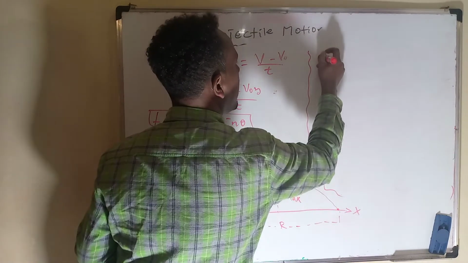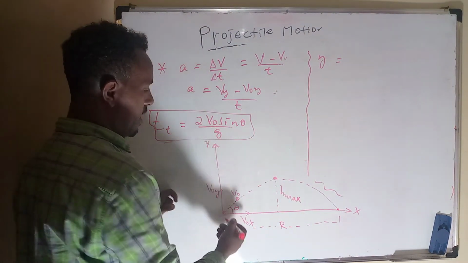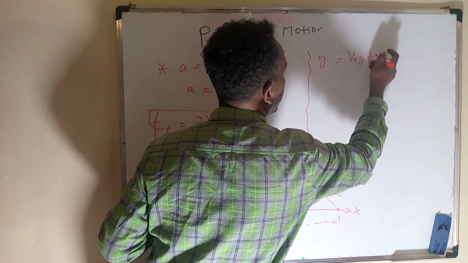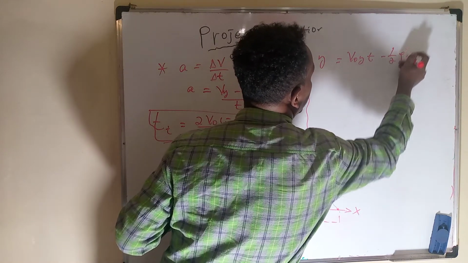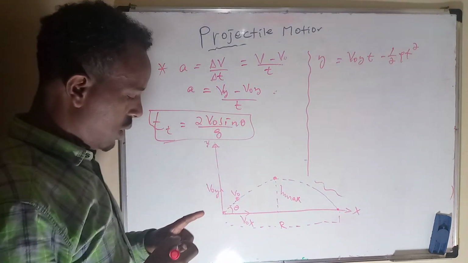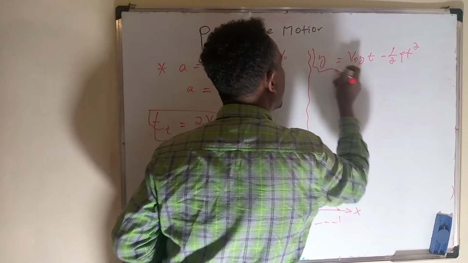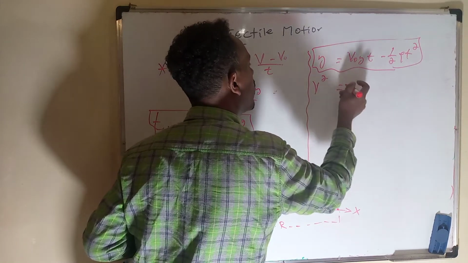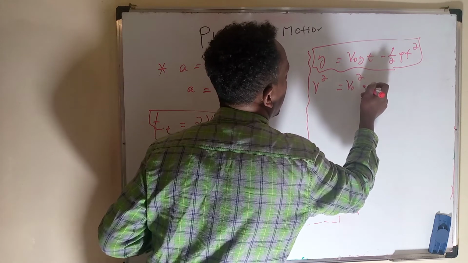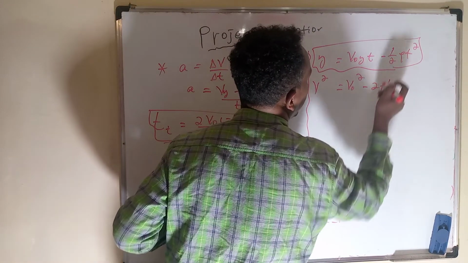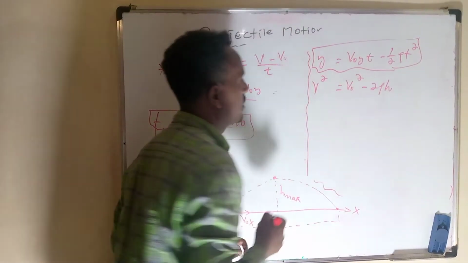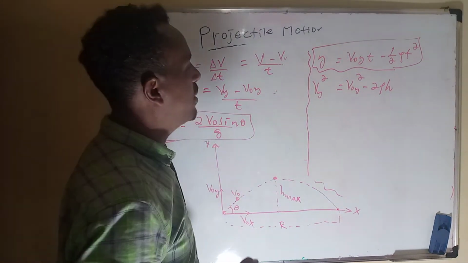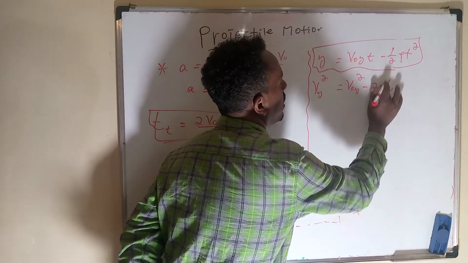Look, y is equals to y ማለት this part ከዚህ ያለው ማለት ነው። y is equals to v initial of y times time minus 1 over 2 gt square. ይሄንን እንደ አንድ ኤክስፕሬሽን እንይዘዋለን። ሌላኛው ፓርት v final square which is equals to v initial square minus 2gh. v final square along y axis is equals to v initial square along y axis minus twice of gravity times height.